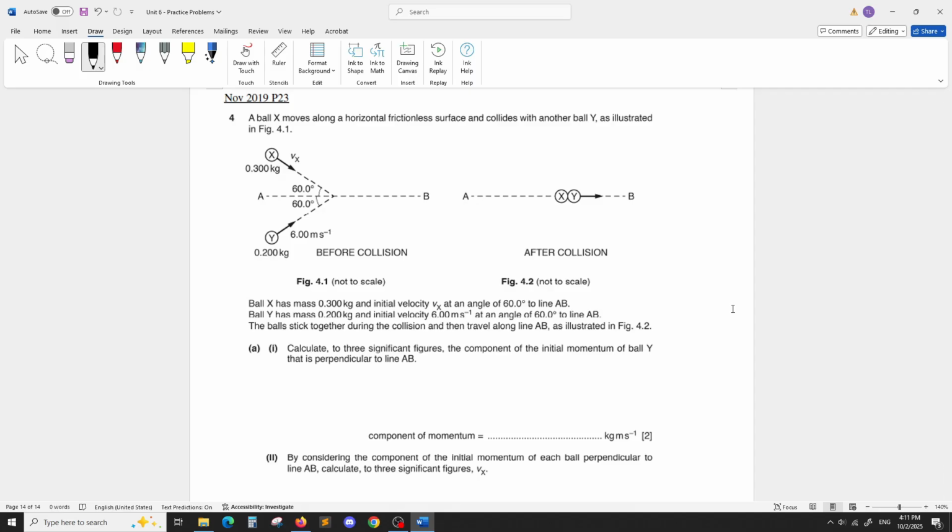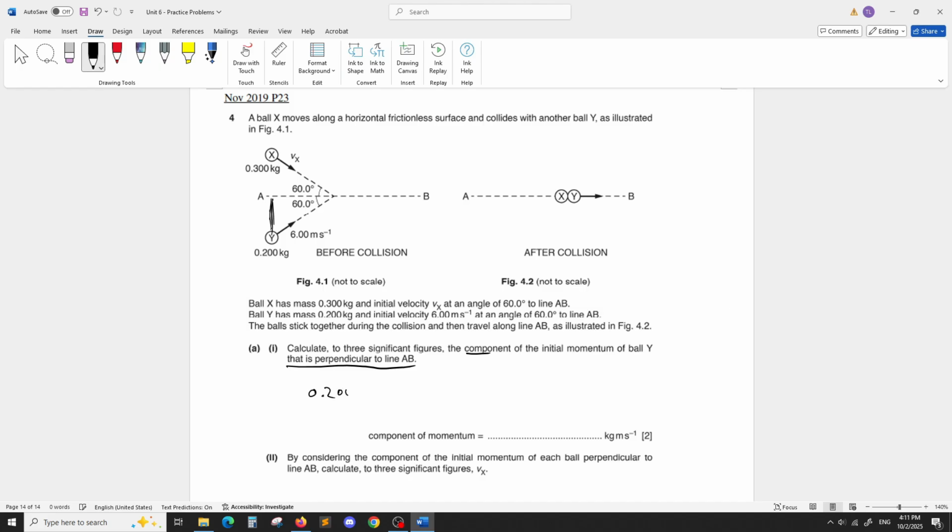Okay, so initial momentum of Y that is perpendicular to AB, so we're asking for the vertical component. That's what the component that is perpendicular to the line AB means. So we actually need to use the angle. So our component of the initial momentum, since it's momentum, we actually have to multiply by our mass.